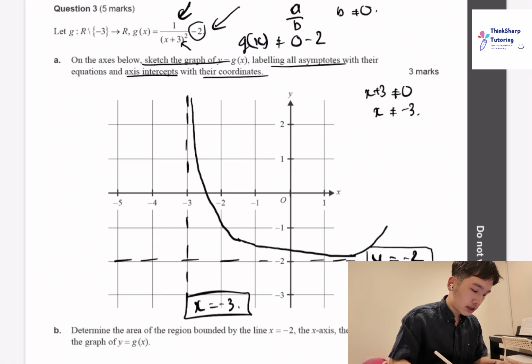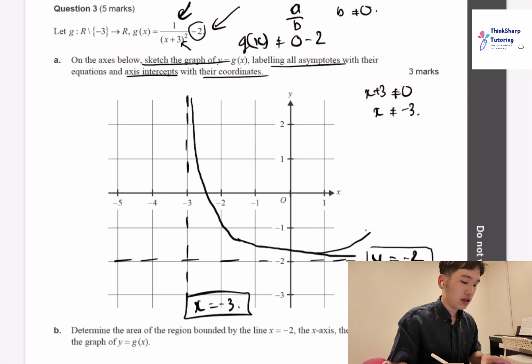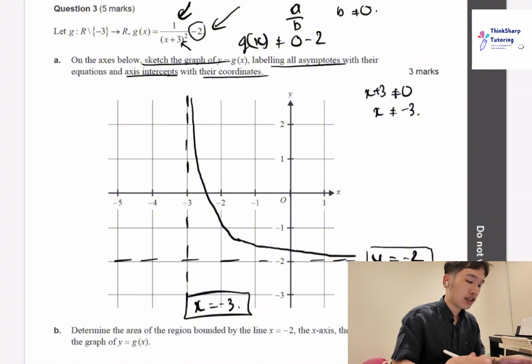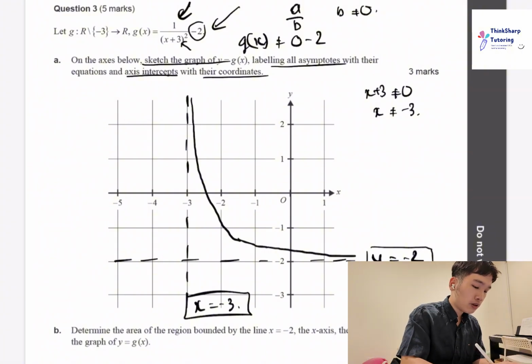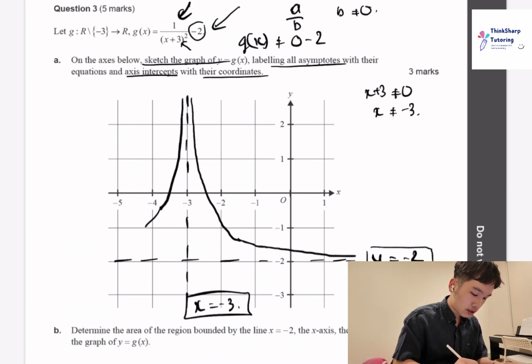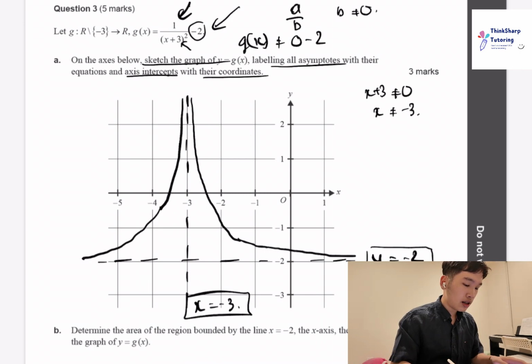If you go something like this, that would deduct a mark because the shape is not right. It's not the real shape of the truncus. So yeah, a very critical point. It has to go really close to the asymptote, which means it has to approach both of the asymptotes. So something like that is enough.